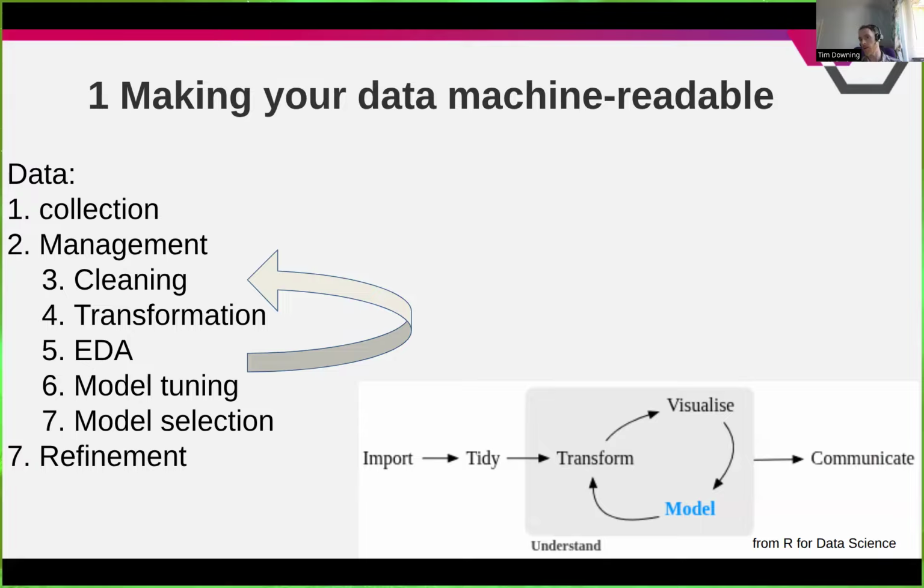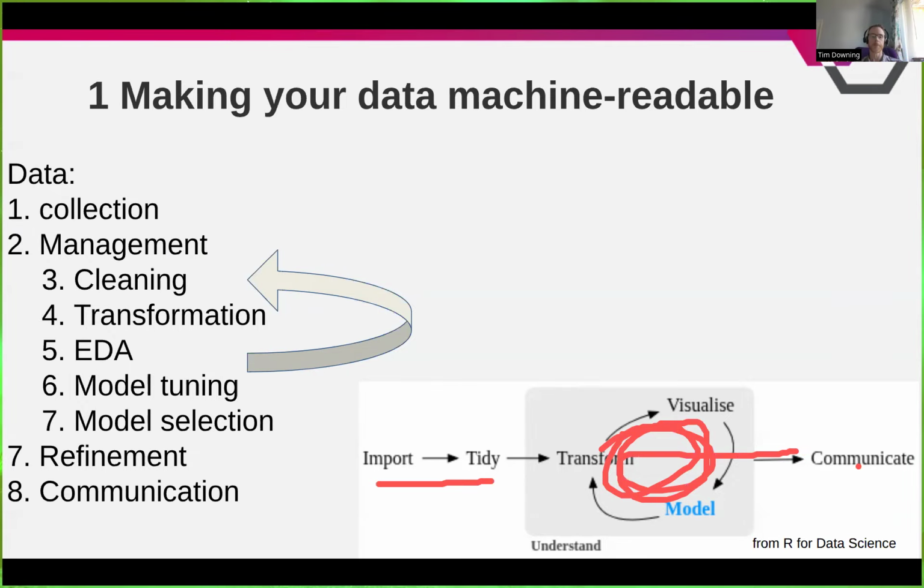Even in the area of regression, there are lots and lots of models that could be applied. So it's important to have this framework where we import our data, organize it in a way that allows us to analyze it, transform it, look at it, model it, and do this a few times before we can make sense of it and make a narrative from it. That communication piece is the last step.